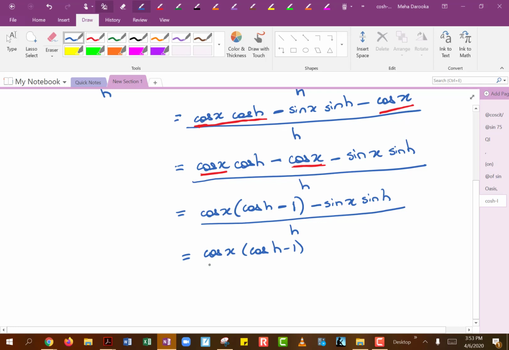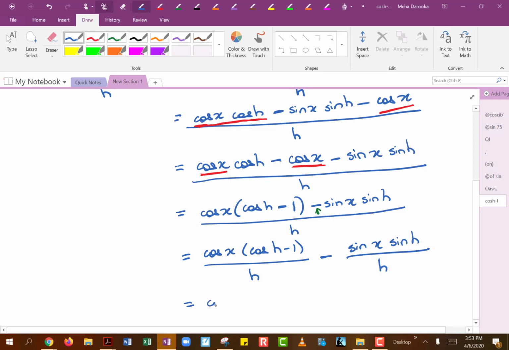I can separate that and give it its own denominator of h, and then using this minus sign here, I'm going to separate my two fractions. So I'm going to put that minus sign here, and then I'm going to write sine of x, sine of h, and this was also with the denominator of h, so I'm just splitting up my denominator into those two places.